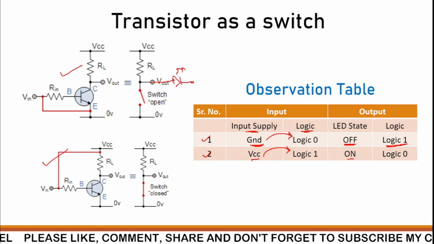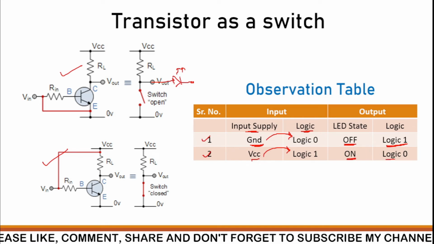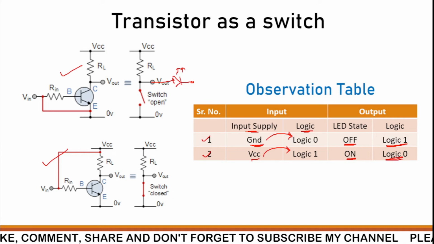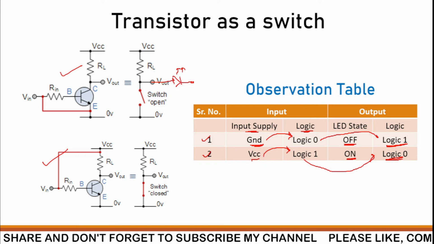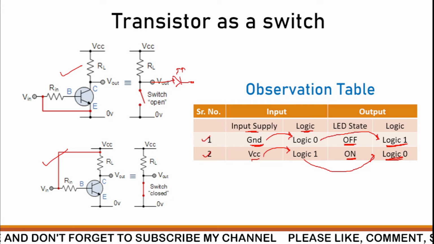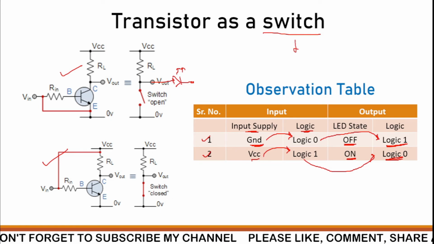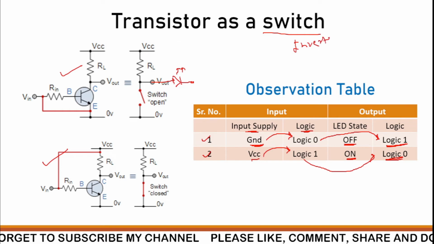If the LED is on, we are getting ground, which is logic 0. So logic 1 is converted into logic 0, and logic 0 into logic 1. So this transistor acts as a switch and also as an inverter.